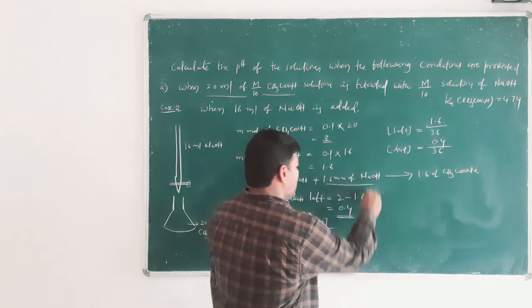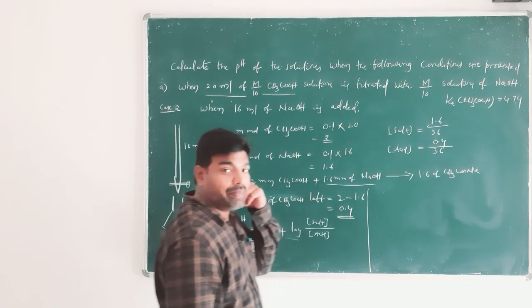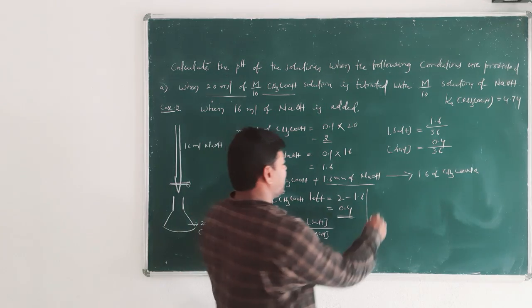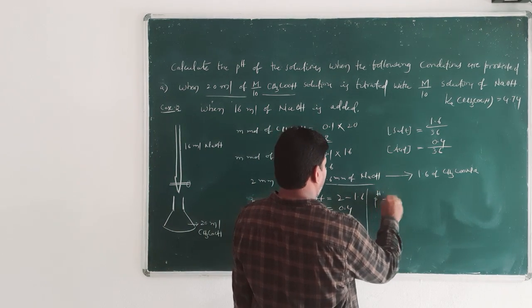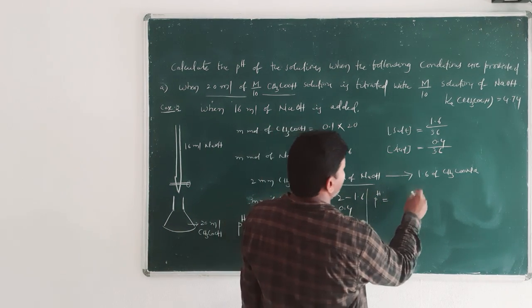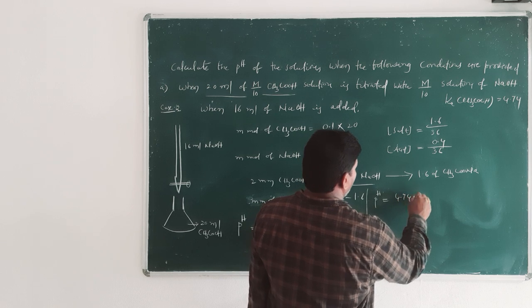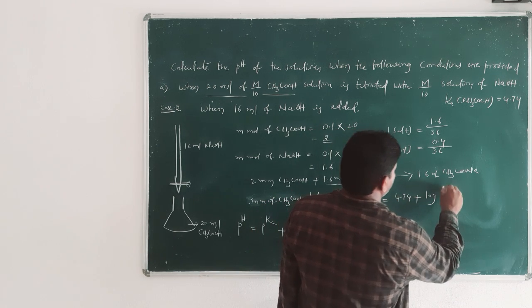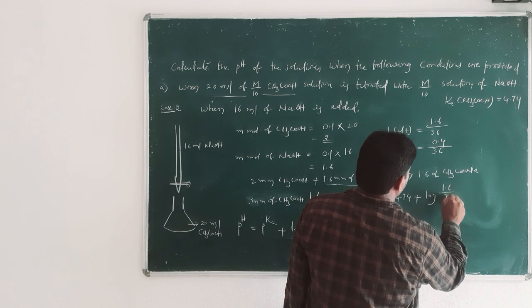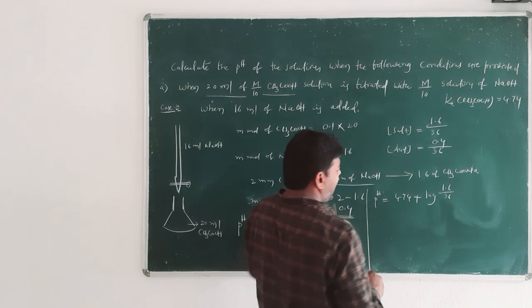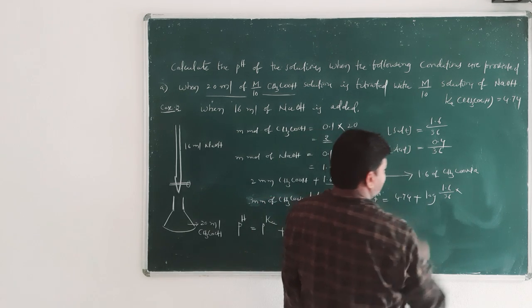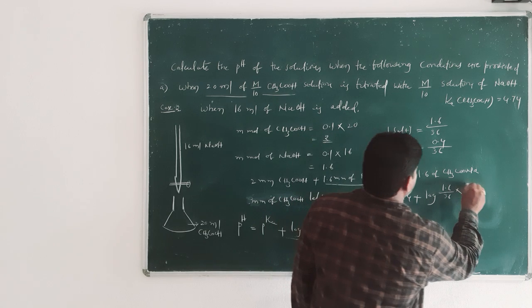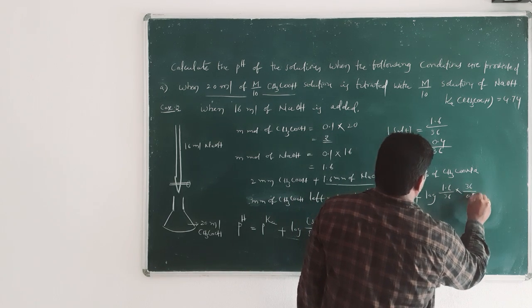Now we can calculate the pH. pH is equal to pKa 4.74 plus log of concentration of salt, 1.6 by 36, by acid. Then we can invert this fraction, that is 36 by 0.4.